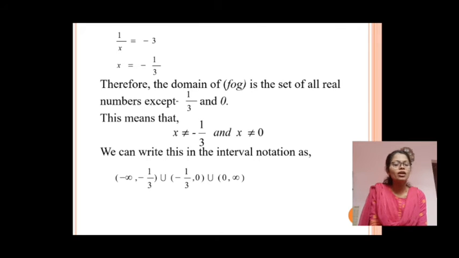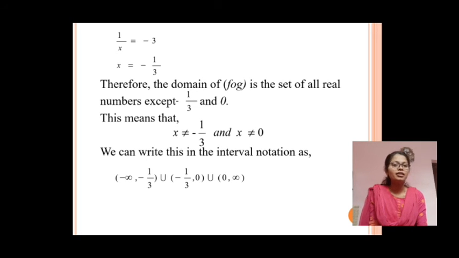Therefore the domain of f composite g is the set of all real numbers except minus 1 upon 3 and 0. So we exclude minus 1 upon 3 and 0 from the set of real numbers. This means that x is not equal to minus 1 upon 3 and x is not equal to 0.